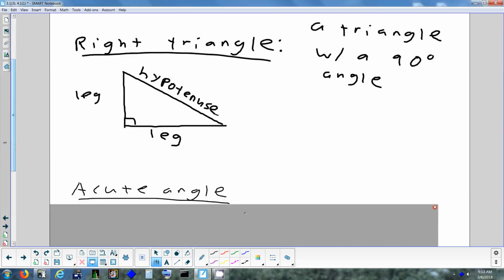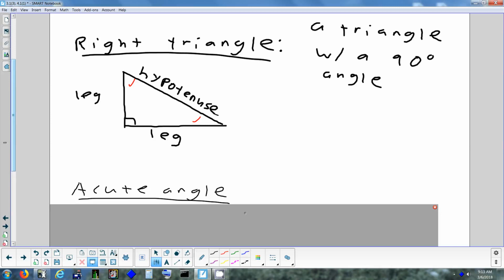Okay, these other two angles, here and here, they are going to be acute angles. And they have to be, because of what all the angles have to add up to, and we'll get to that. But for now, I just want to know, what is an acute angle? There's actually two parts to it. Angle is less than 90. It's less than 90, that's the first part, but it also has to be something else.